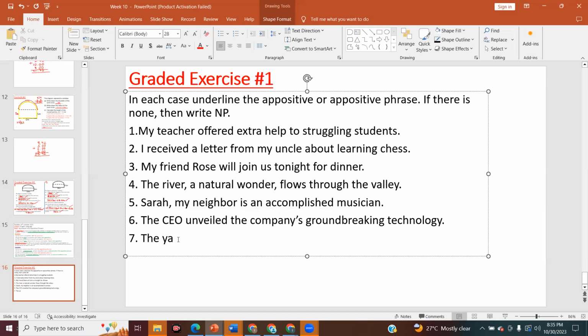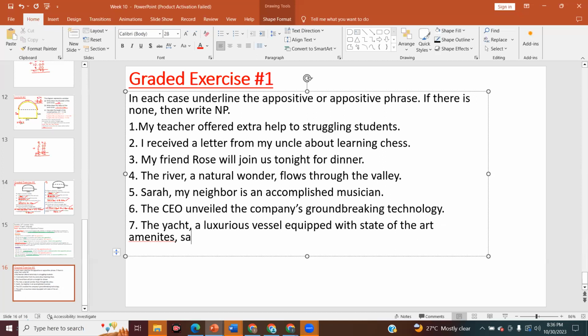The yacht, a luxurious vessel equipped with state-of-the-art amenities, sailed gracefully into the harbor.